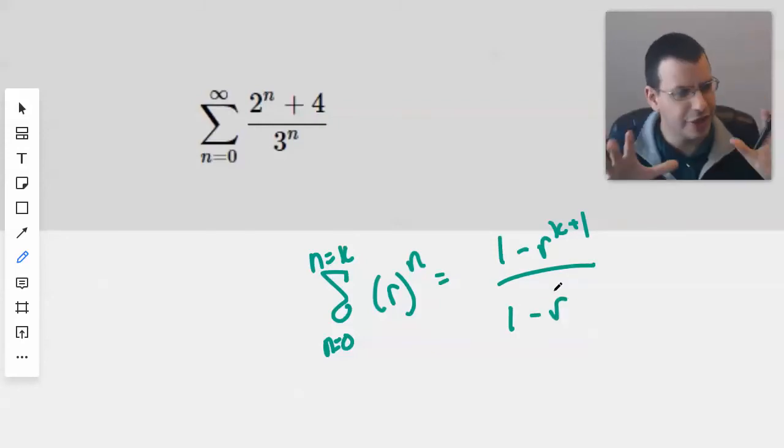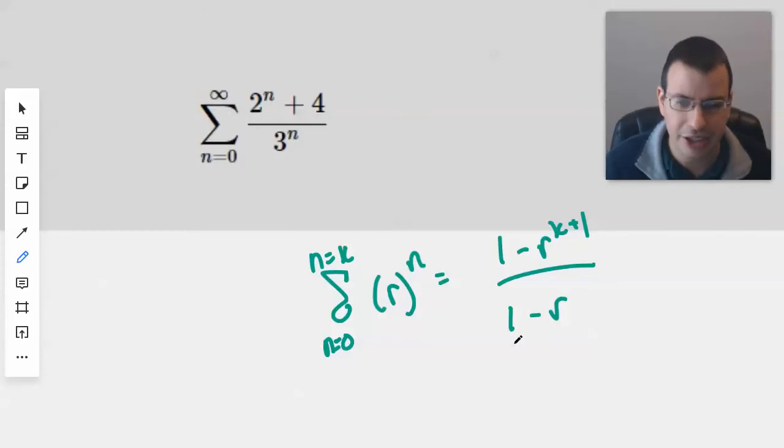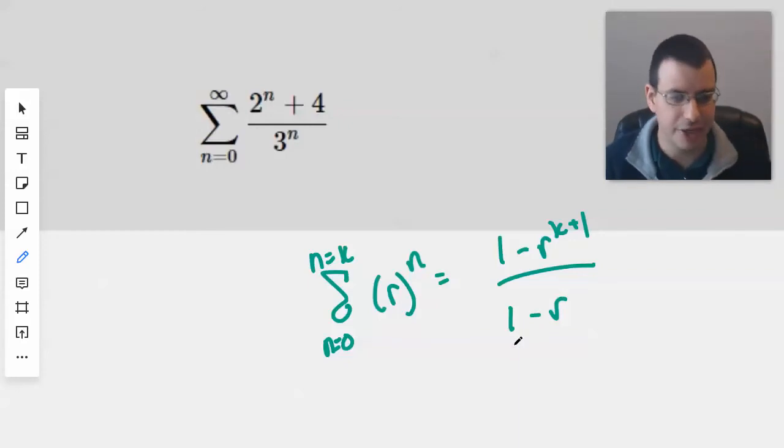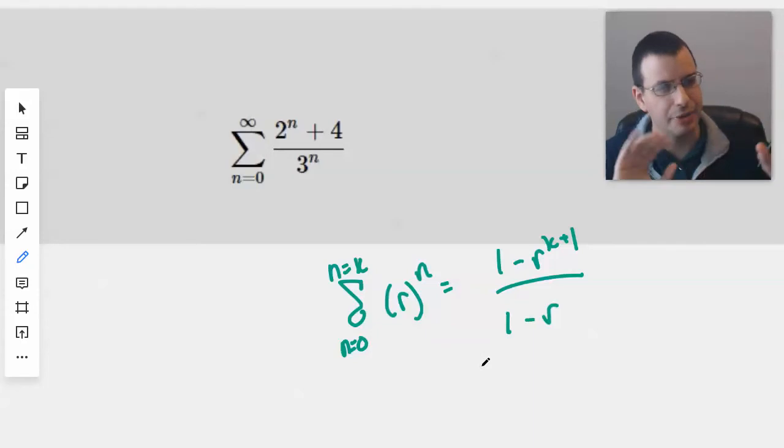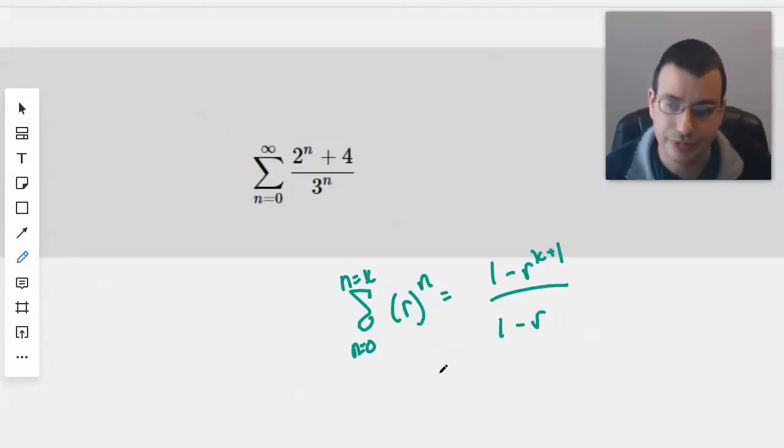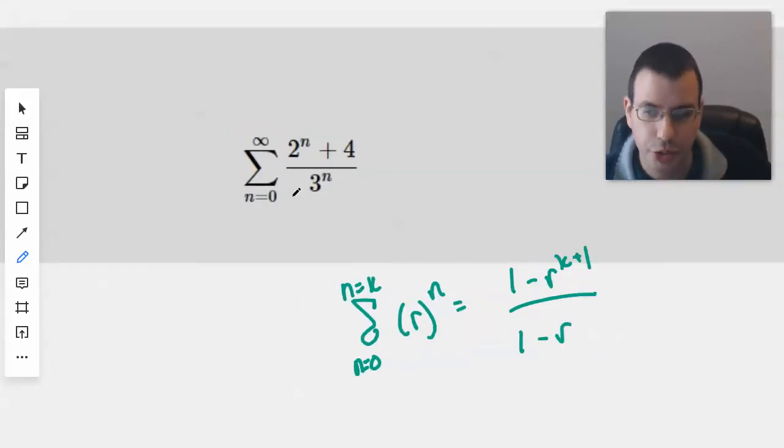That's a much more formal way of doing it. And you'll see different variations of this. I like to use this way of writing it because I think it's the cleanest, and it's most applicable to the most variations. So what we want to do is make this look like this form.